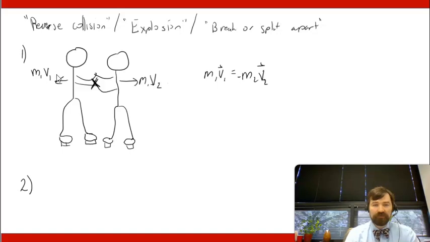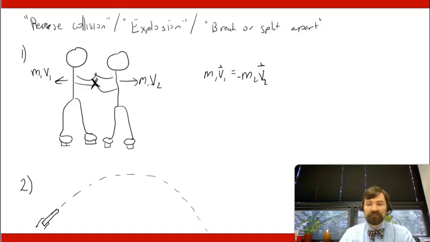Number 2 would be more like the explosion, or again, the break or split apart. You have something like a rocket or a firework, and the firework launches into the air. This dashed line that we drew, frankly, for projectile motion back when we were doing 2D kinematics, would represent the center of mass motion for this rocket.